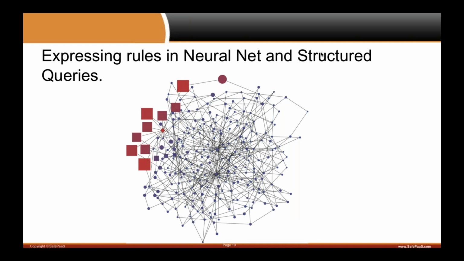To express these rules in a neural net as well as structured queries, I think we're all familiar with rules being expressed in a structured query language. One example might be that if you're looking at general ledger transactions, those that are releasing reserves very close to the reporting date might be subject to a much harsher review because they have the ability to arbitrarily move a profit number.